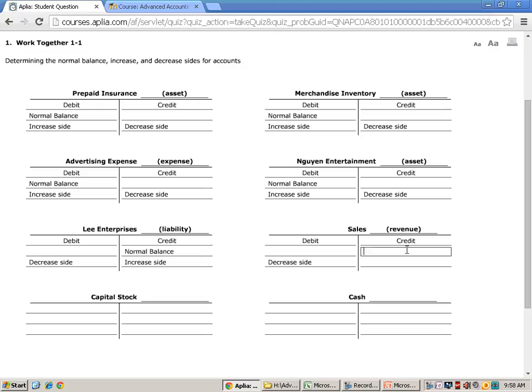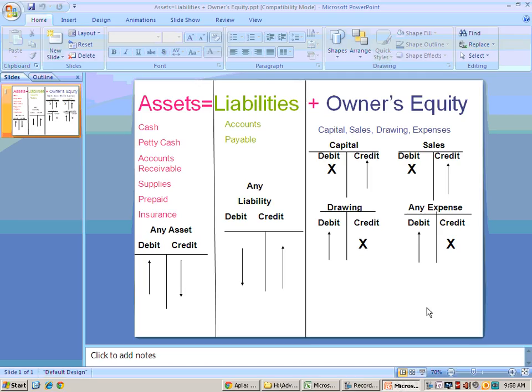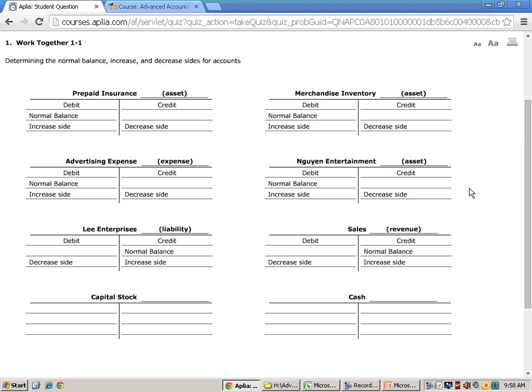So our normal balance side is our credit, and our increase side is our credit as well. Again, looking at this, there's an X in there because you're never going to have a debit to sales. Actually, I shouldn't say never. You will when you do your closing entries, when you're trying to zero out, but not when you journalize.